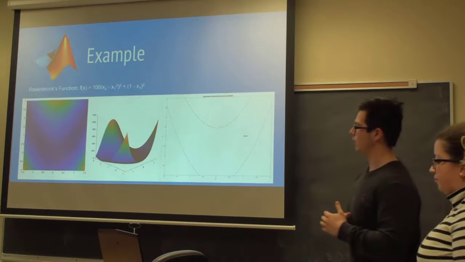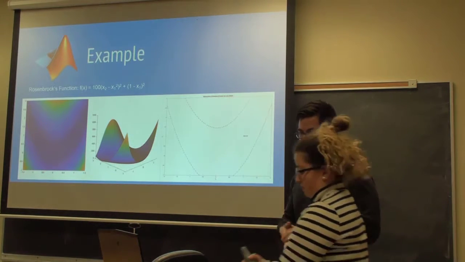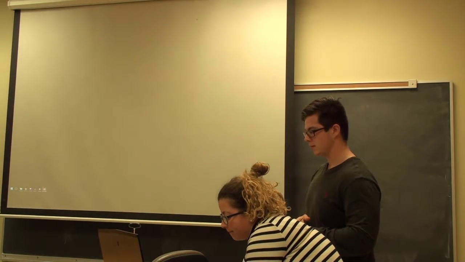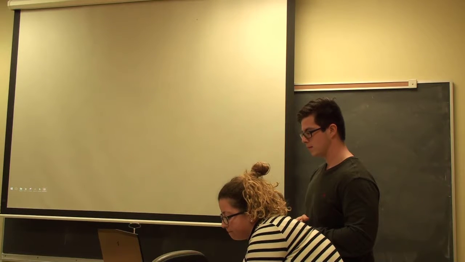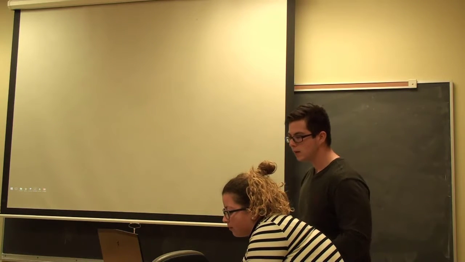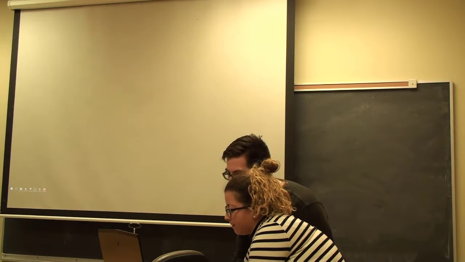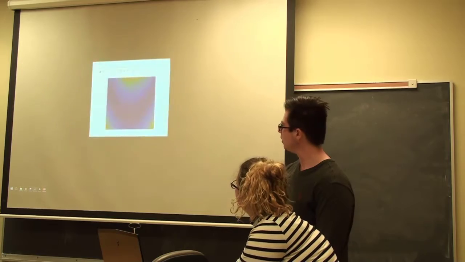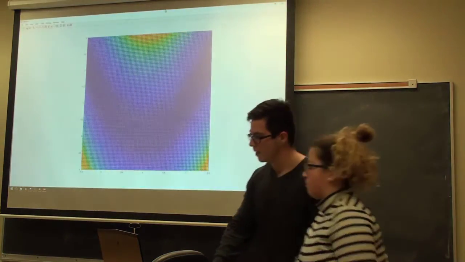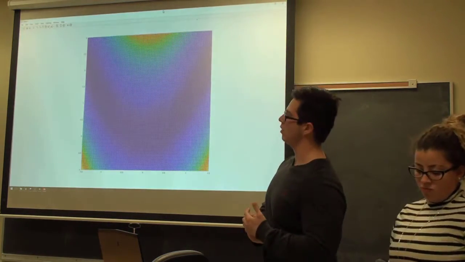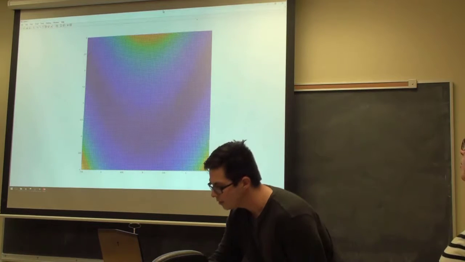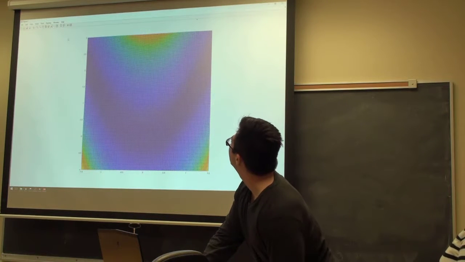And now we're going to go to an example real quick. So we plot a function called the Rosenbrock function, as you can see.